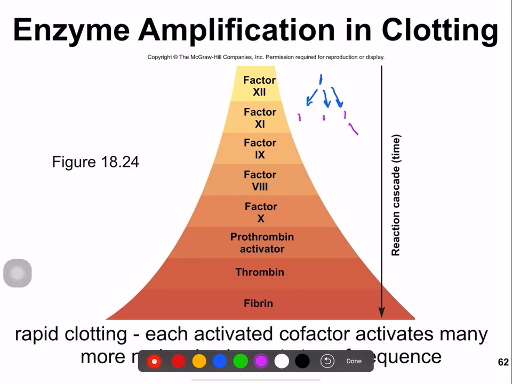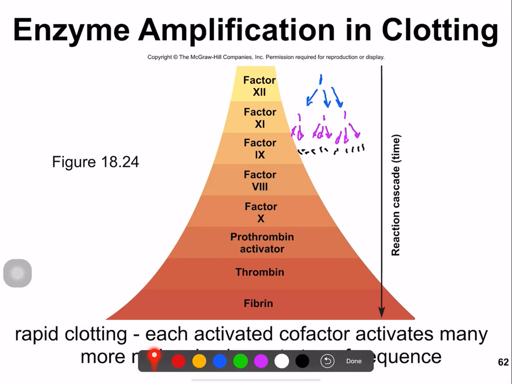And each one of these can basically activate a number of its target. So you can see what happens is very quickly, by having multiple steps, I can start off with very little of a factor, and by going step to step to step, I get an amplification, and by the time I get down to the end, I end up with a whole lot of product to put this clot together very quickly. So by having a multi-step process, it allows for the enzyme amplification.